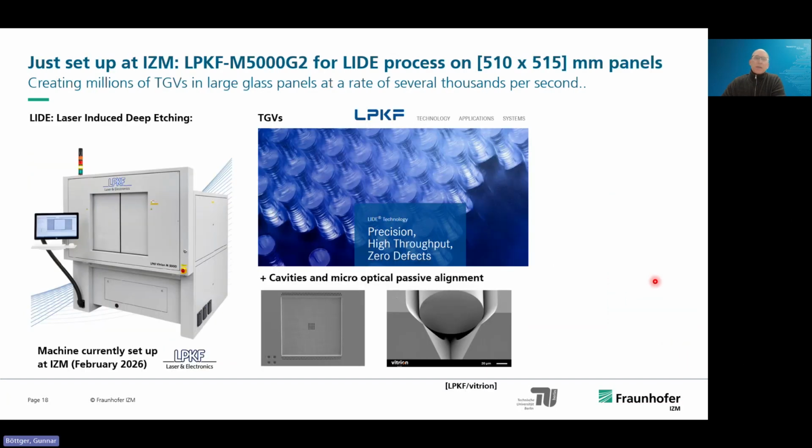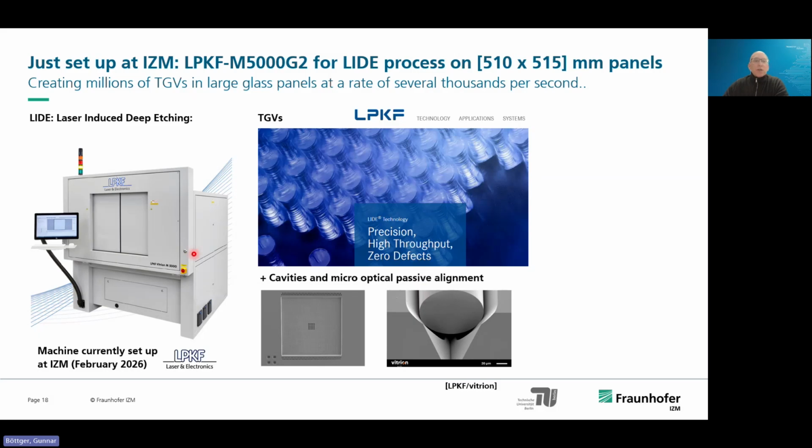We just set up yet another laser machining process. This would be the so-called LIDE process, laser-induced deep etching. And this can create virtually millions of holes in large glass panels at a rate of several thousands per second. And it can also create complex structures to mount optical elements and to enable passive alignment.